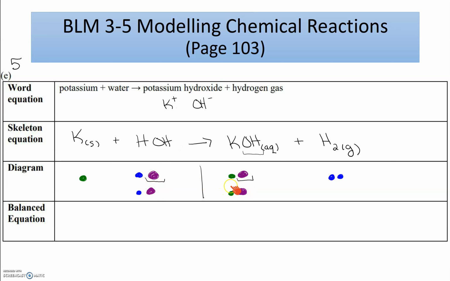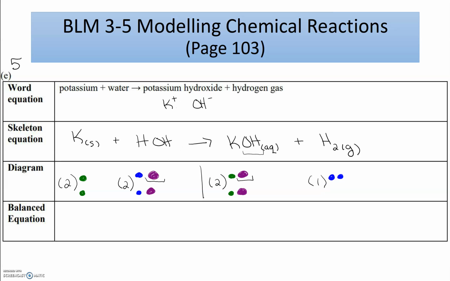But oh wait, I can visually see right away I've got 2 potassiums. I've got 2 green dots on my product side, but only 1 on my reactant side. So I'm going to need to draw in another potassium. And so what I've got is I've drawn 2 potassiums, 2 waters, and I've also drawn 2 potassium hydroxides, but I only have 1 of the hydrogen gas.